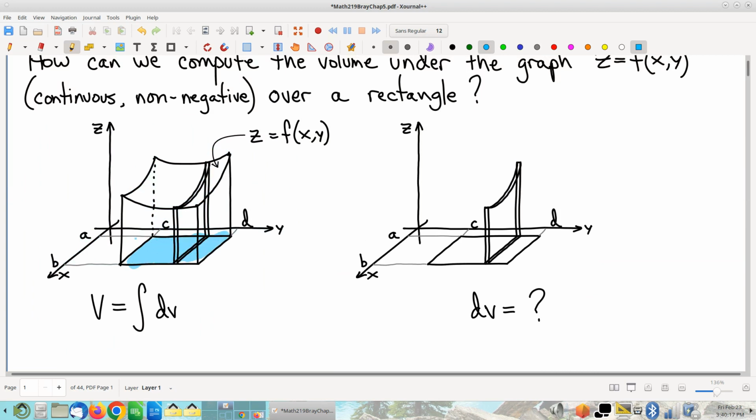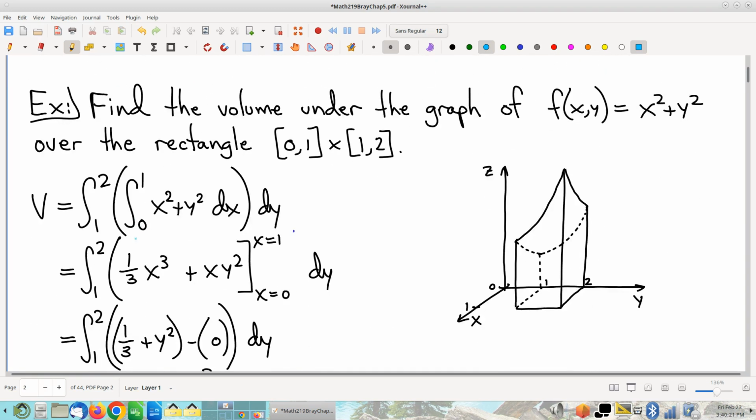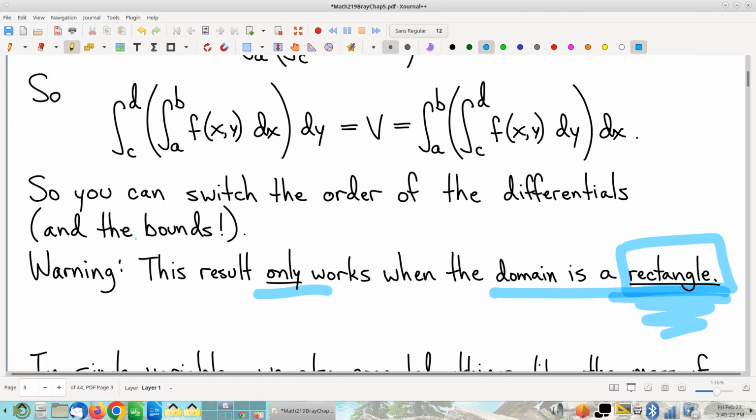And in those cases where that's not a rectangle, you can still slice in either of two directions. But the bounds don't do this simple thing like we've got here. This lucky break where the bounds just kind of move along with the differentials, that is a peculiarity of rectangles only. So don't get too comfortable with that little fact.